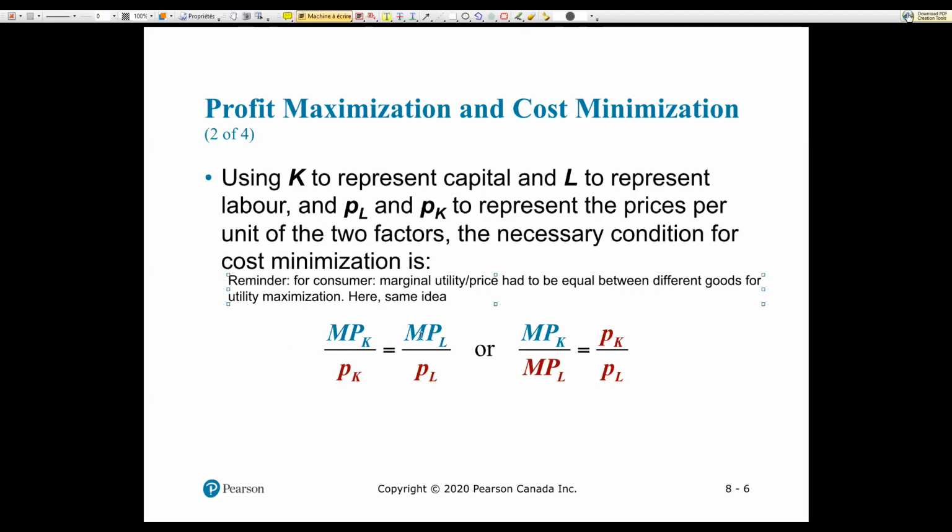What you can do is divide by MPL on both sides and multiply by PK on both sides, and you get this: the marginal product of an extra machine divided by the marginal product of an extra worker has to be equal to the price of that machine divided by the price of that worker. Or, the marginal product of a machine in terms of the marginal product of a worker has to be equal to the price of a machine in terms of the price of a worker. Does that make sense?